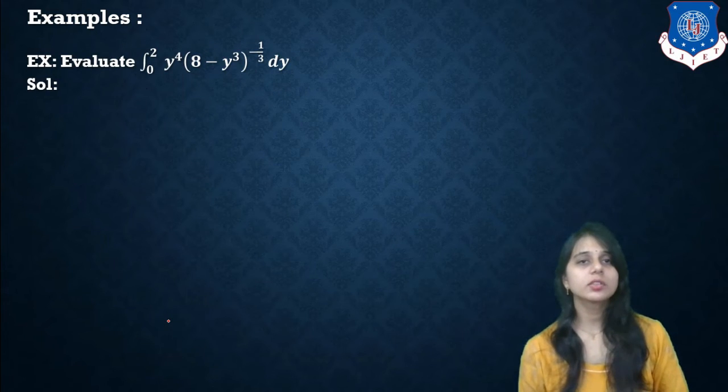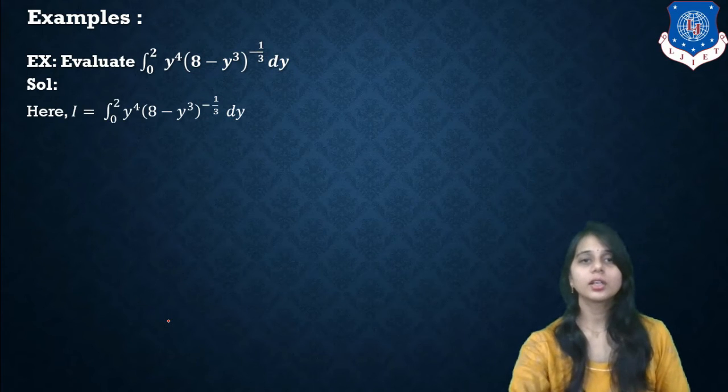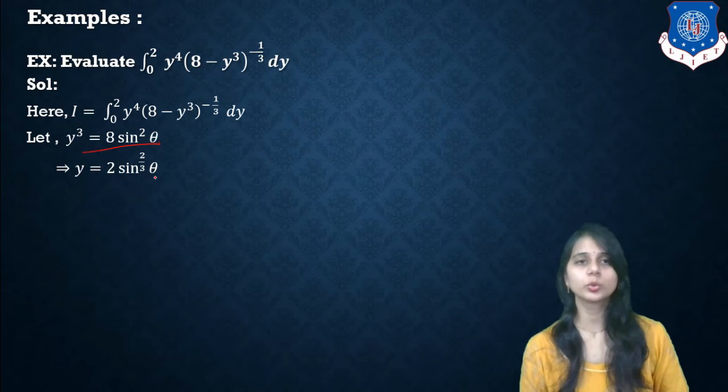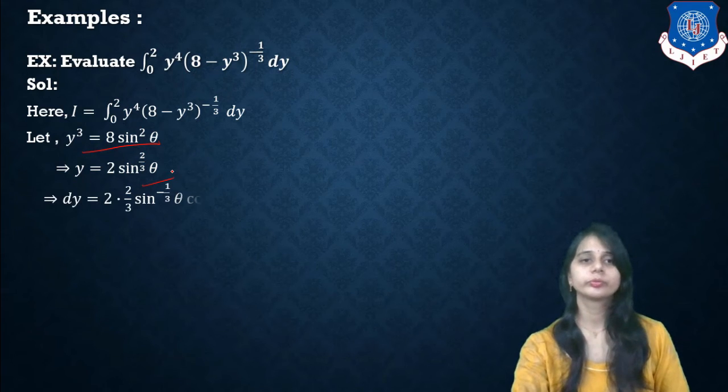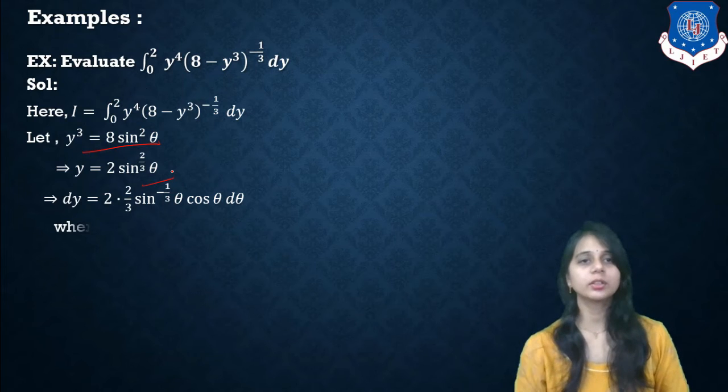Integration from 0 to 2 of y squared into (8 minus y cube) raised to 1/3 dy. Taking I as this integral, we take y cube equal to 8 sin square theta. So y equals 2 sin raised to 2/3 theta, and dy equals 2 into 2/3 sin raised to minus 1/3 theta cos theta d theta.